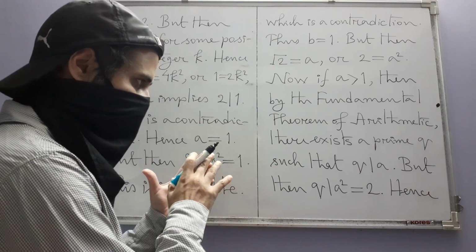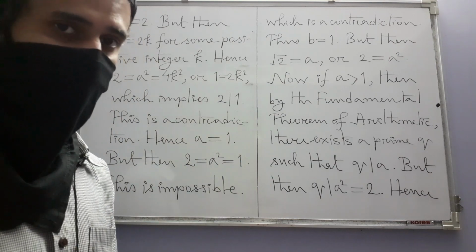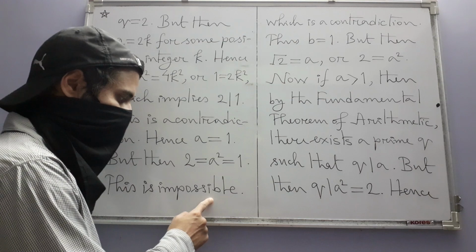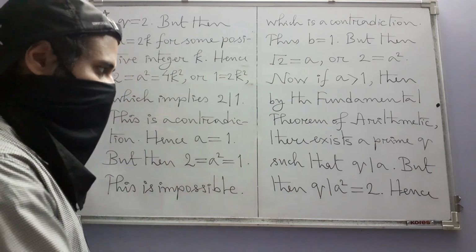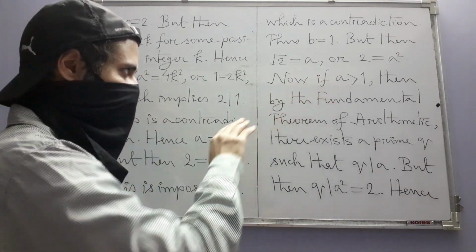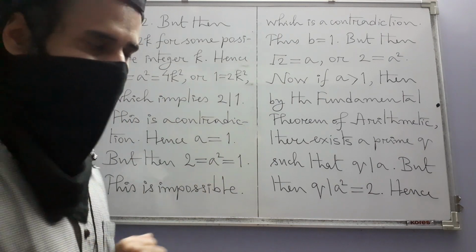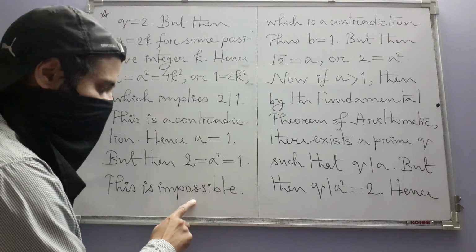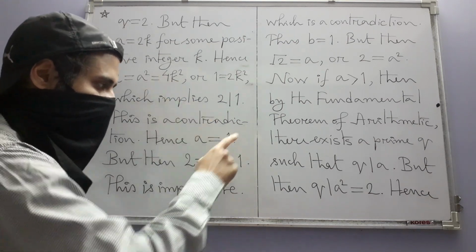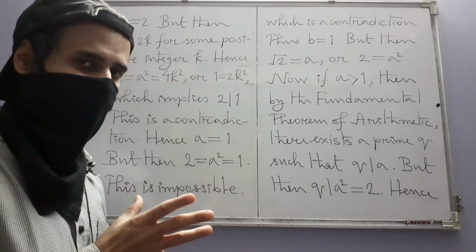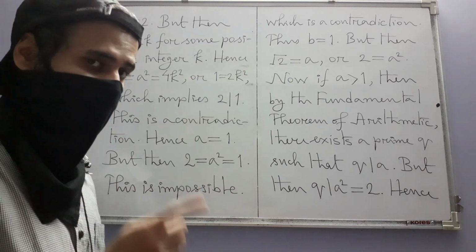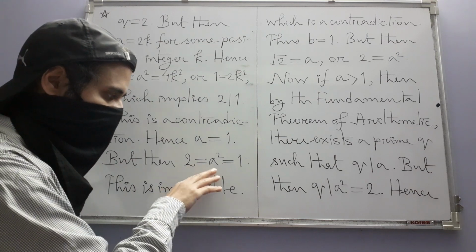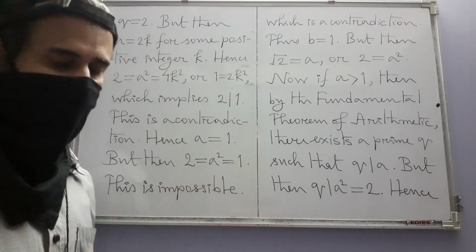Now we have nowhere to go. We have come to a dead end. So that means something must have gone wrong. We have already taken care of all the ifs that appeared in the middle of the proof. However, you remember that in the beginning itself we started the proof with a supposition. That supposition hence must be false because there is nowhere else to go.